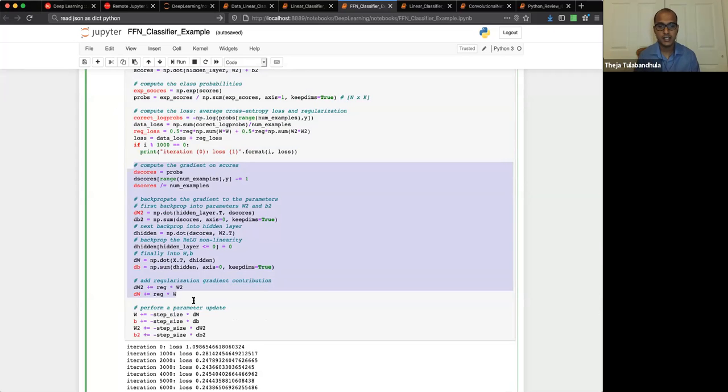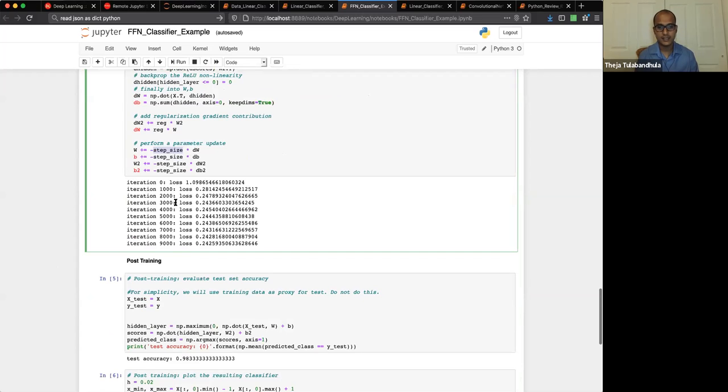Remember, at the end of this computation, let's think of W. We saw W was a 100 cross two-dimensional matrix because 100 was the hidden dimension. Then the gradient of loss with respect to W also has to be the same dimension. Otherwise, if you add them, of course, there could be errors with broadcasting, but you should not make a mistake here. Once you do that, you're just doing the gradient descent step with a step size. So you can change the step size and see what's going to happen.